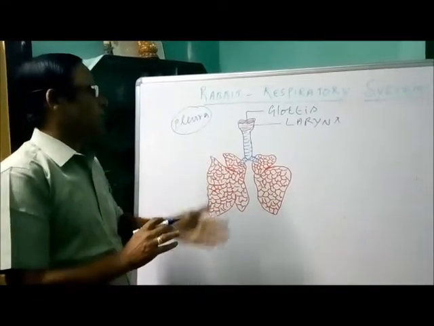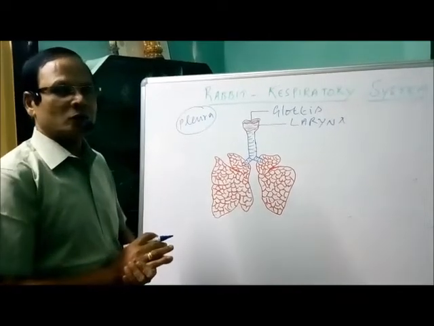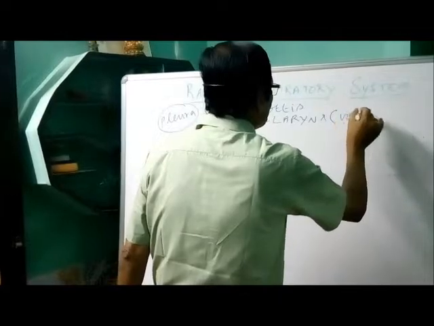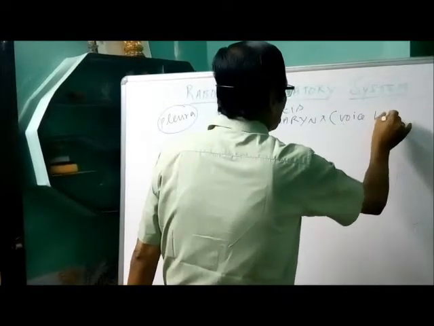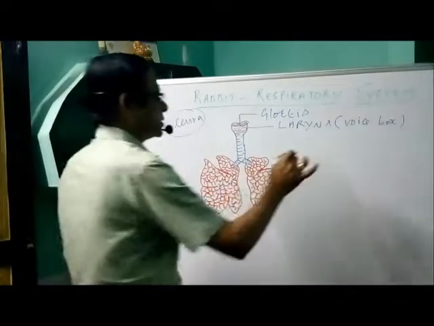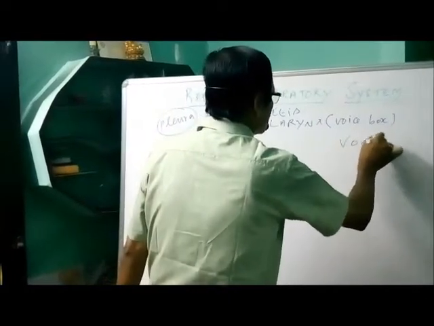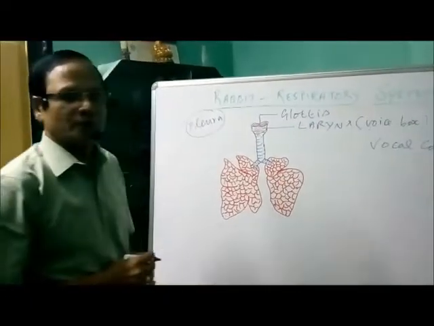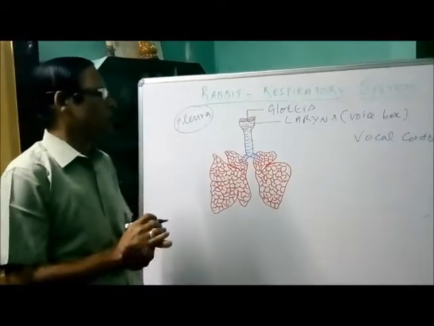Now the first part of the trachea is enlarged to form the larynx or voice box. Internally, the voice box contains the vocal cords. The vibrations of the vocal cords produce sound.